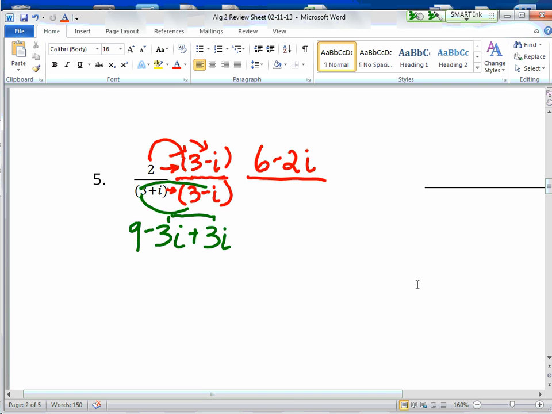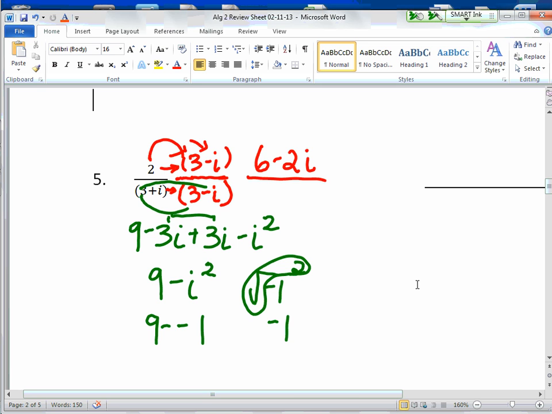And lastly, we get minus i squared. So remember, i squared is square root of negative 1 squared, which is just negative 1. So then we have 9 minus negative 1, which is the same as 9 plus 1, which gives us 10. So we'll have 10 in our denominator.